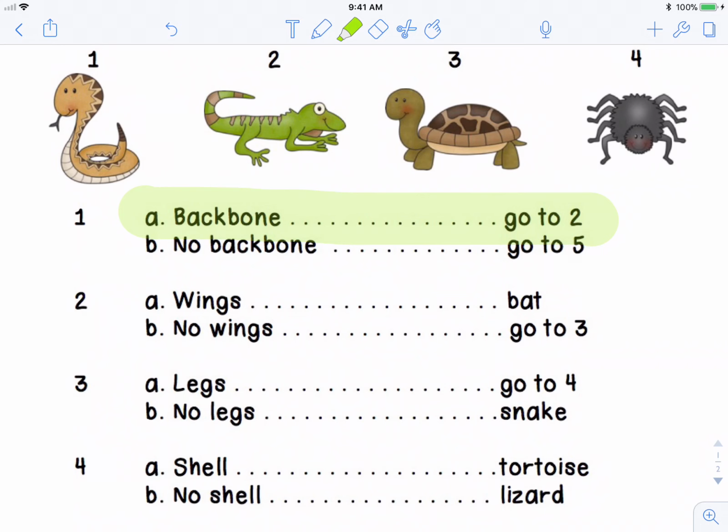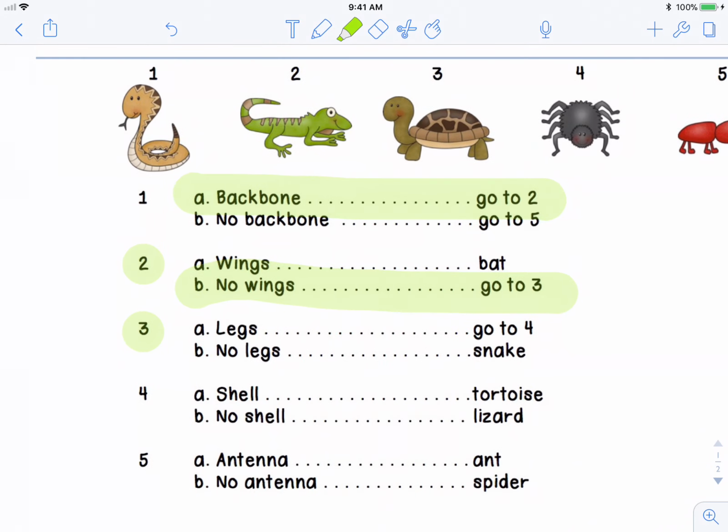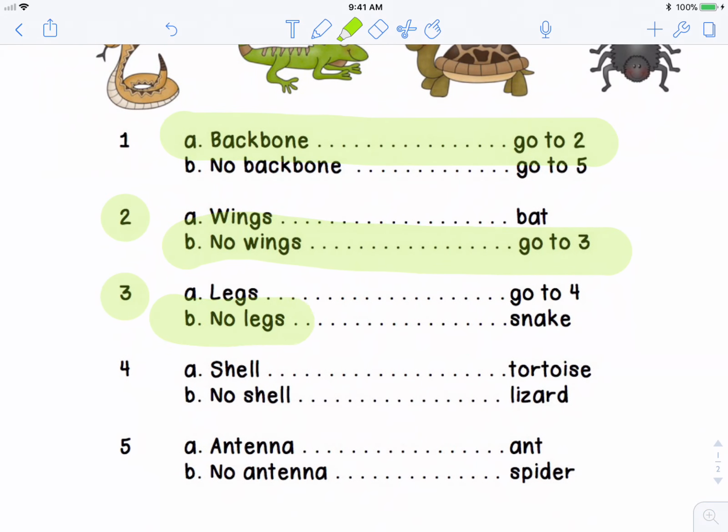At number 2, it says, do we have wings or not? We have no wings, so we're going to go to number 3. Number 3 says, do we have legs or not? Our organism here, number 1, has no legs, so then we identify it finally as a snake.